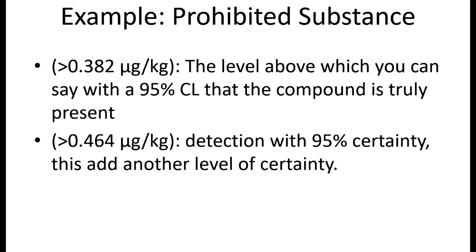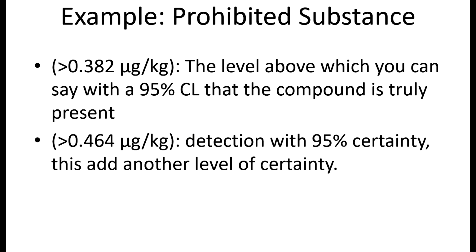So in case of prohibited compounds it is very important, especially in case of veterinary drugs. CCalpha and CCbeta are not always required, but they are required by this validation guideline. So, an example here: you found a level higher than 0.382 microgram per kilogram, the level above which you can say with 95% confidence that the compound is truly present.